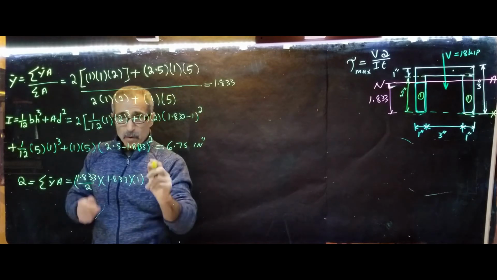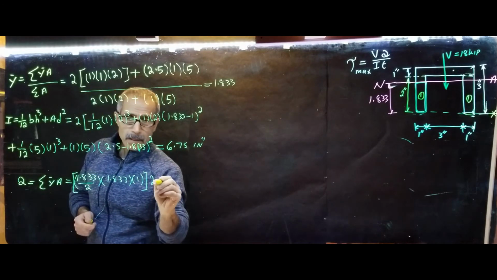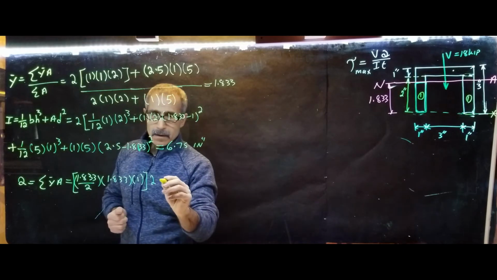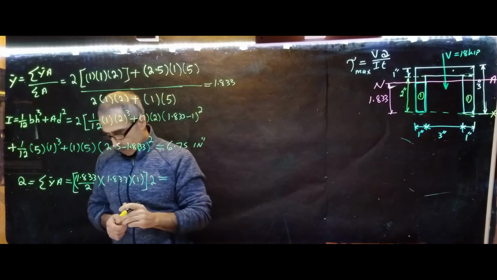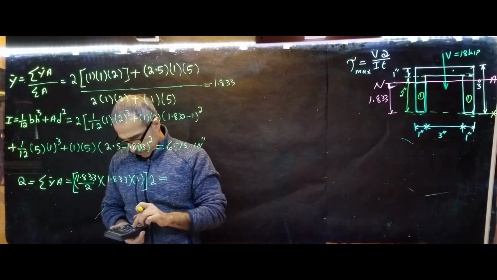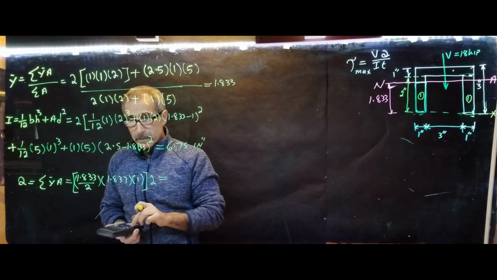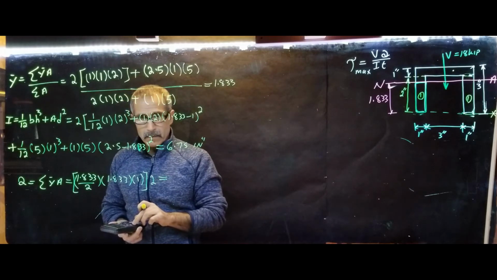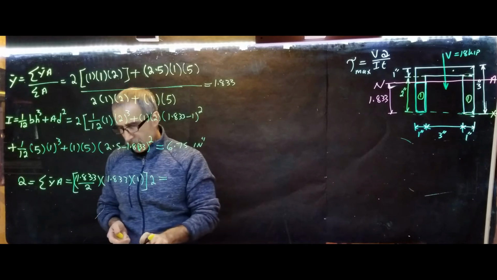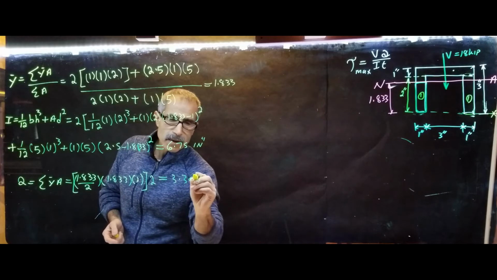And guess what? There's 2 of them, right? So that comes out to 3.3611.